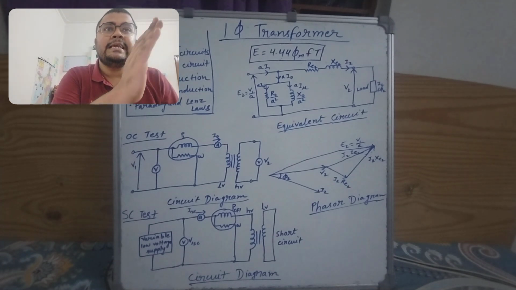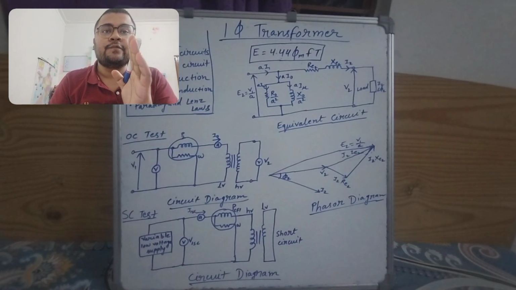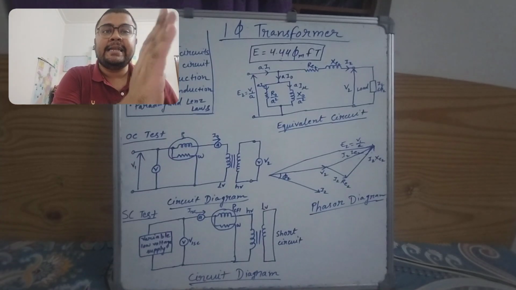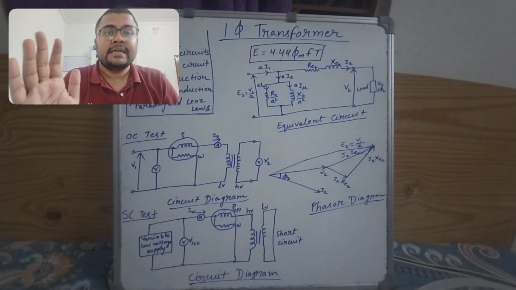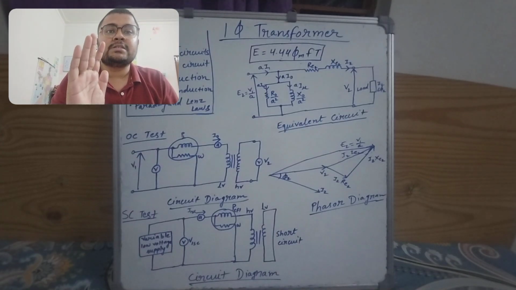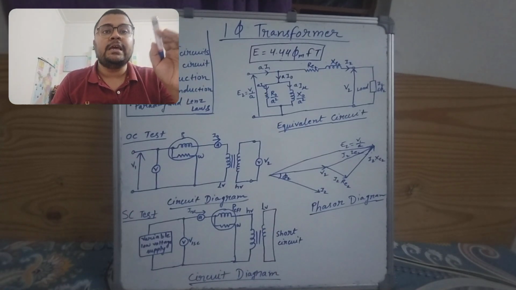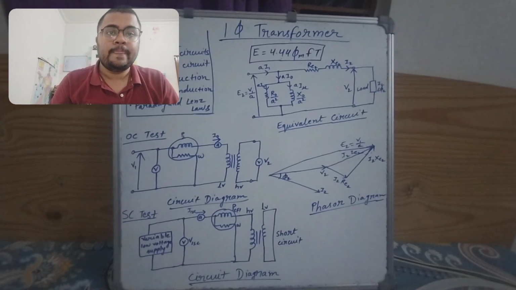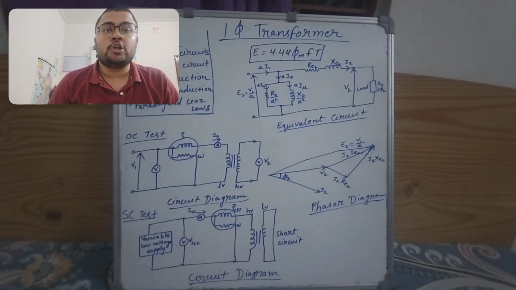If we put E1 in place of E, then we put T1 in place of T. So E by T, the EMF per turn, is constant. So E1 by T1 equals E2 by T2, and from there we can say that E1 by E2 equals T1 by T2. That is your turns ratio. This is what we get from the EMF equation of a transformer.